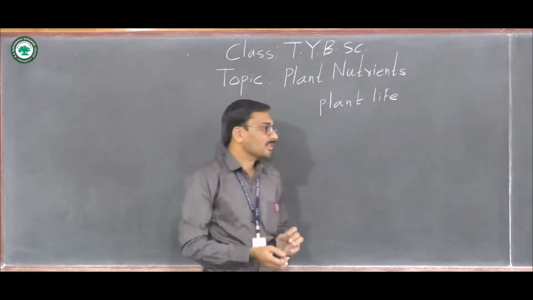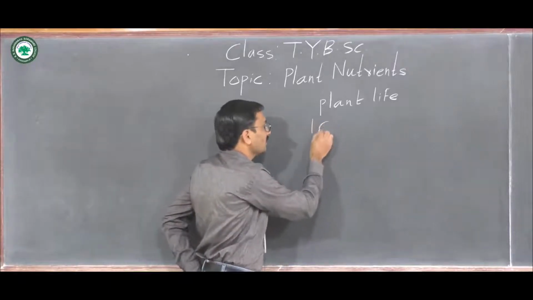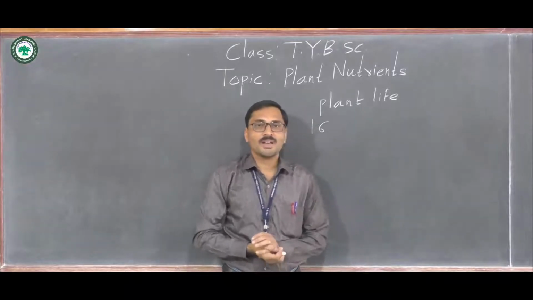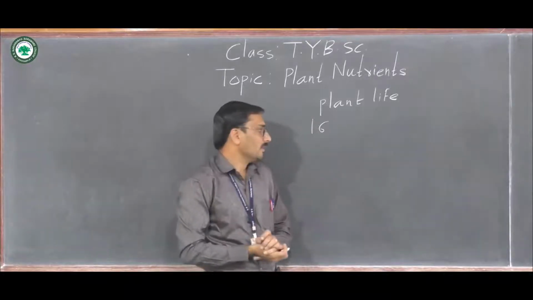Basically, there are 16 essential nutrients that are required for the plant.